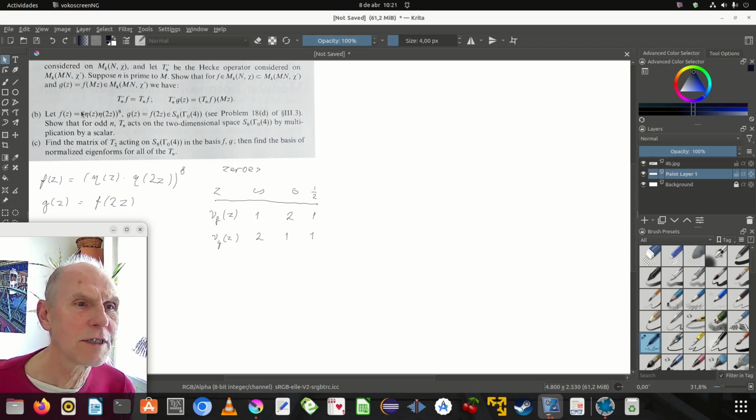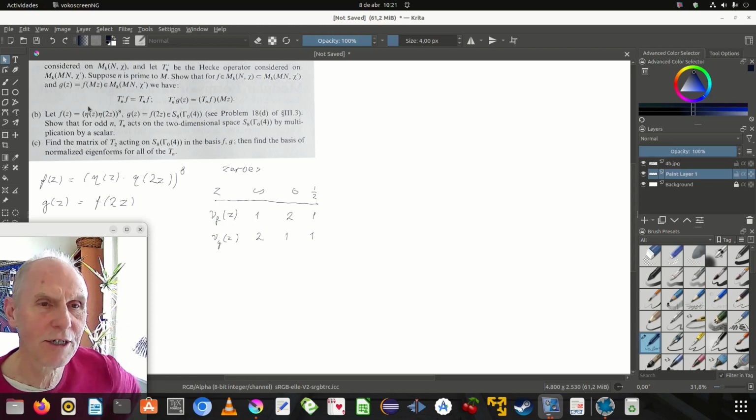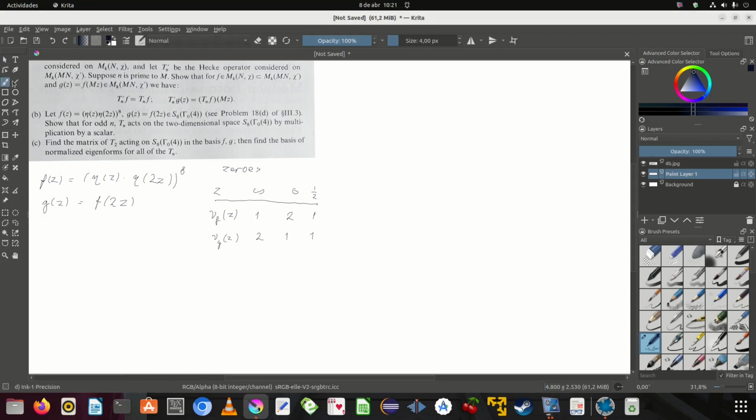So what does it say here? N being prime to 2, that means that n is odd. So it should be a simple application of part A. So let's see if I can do that.